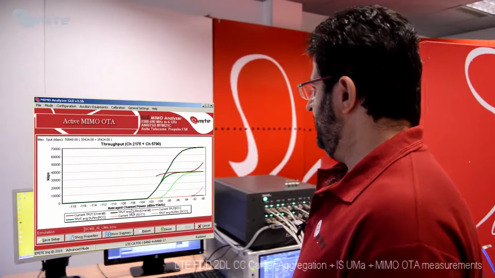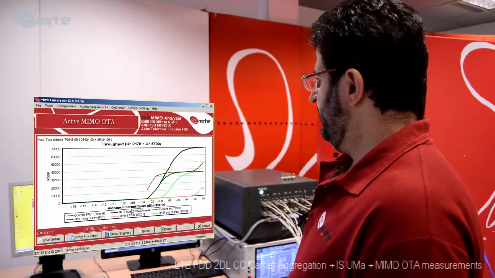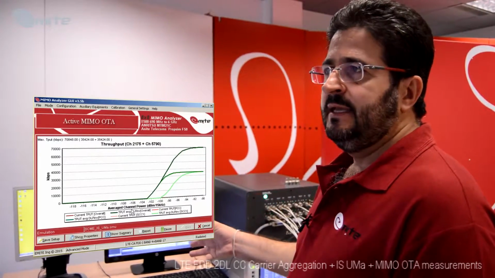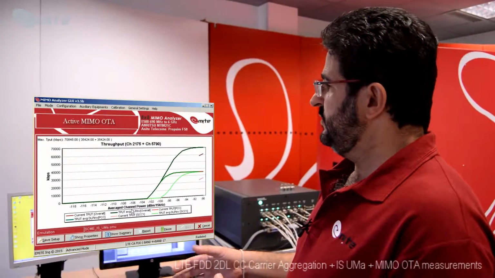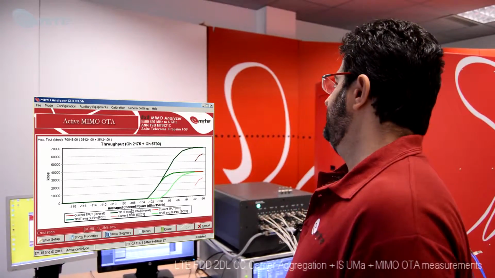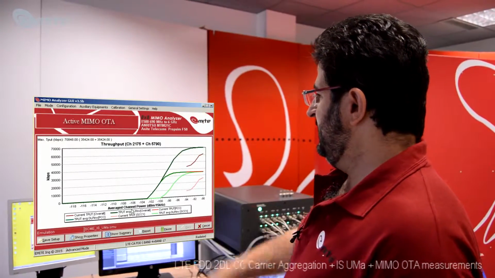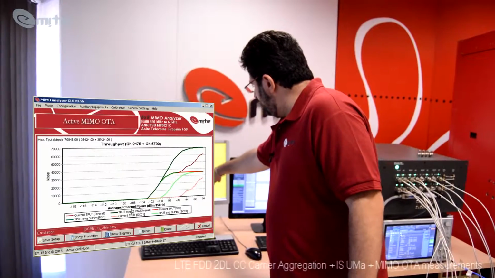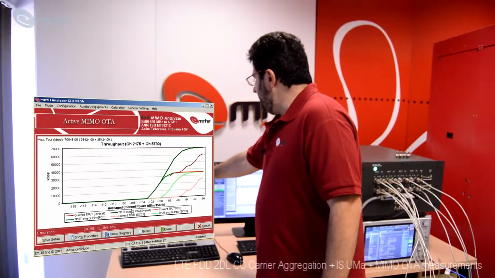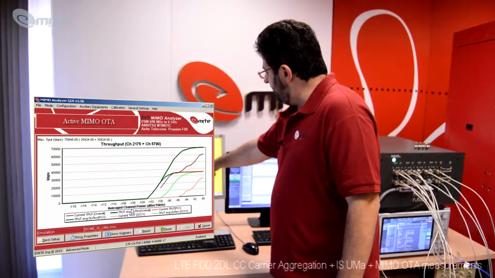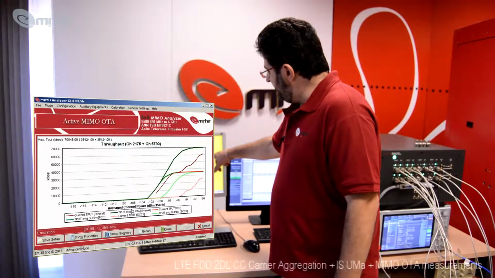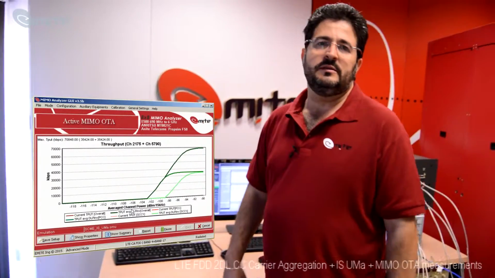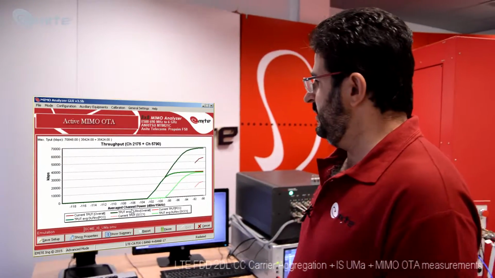So again, we are seeing here that curves are starting to be very smooth now. As you can imagine, the more samples you take, the more accurate the result is, but there is a point in which the average of all those curves change very little as you add more curves, and this is what we can see right now that is happening here, is that you have a clear secondary component here that is not acting quite nicely, but that's compensated somehow by the primary component in band 4, and then the overall, you can see that the overall curve here follows the combination of the two components, and that's what it's a typical behavior in carrier aggregation.